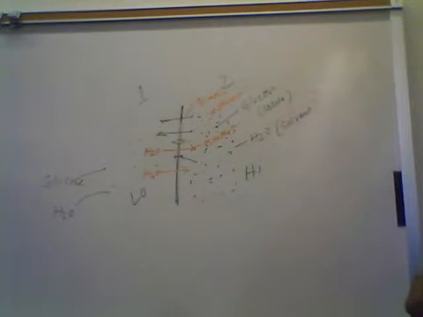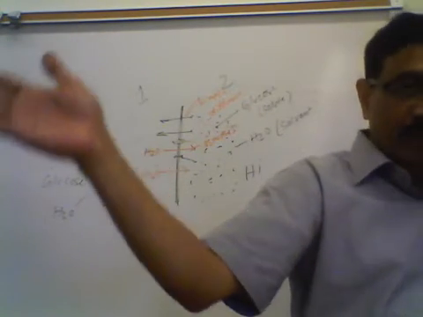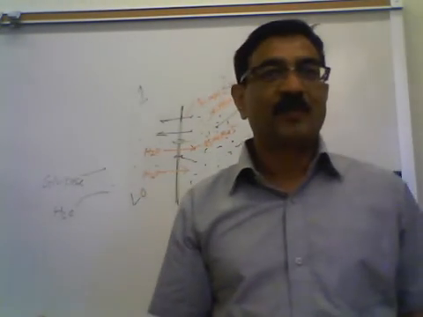So in this case what will happen? The solutes will move from high to low. That is what? Simple diffusion, very good. And water or solvent will move from low to high, right? That is osmosis. So both will occur.